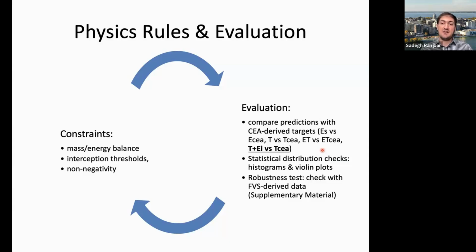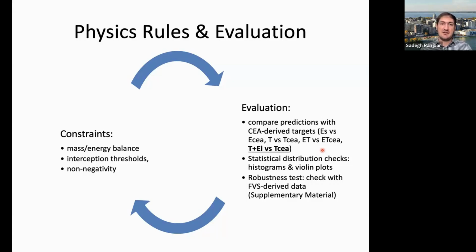First, we compare prediction with the CA derived targets that we had. One important thing here was our assumption. We assumed that transpiration is overestimated because of the intercepted evaporation. So we check our transpiration versus the CA derived transpiration, and also our transpiration plus intercepted evaporation versus CA derived transpiration.